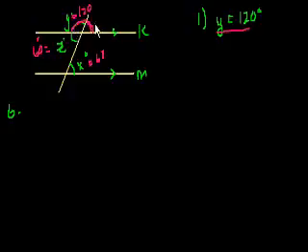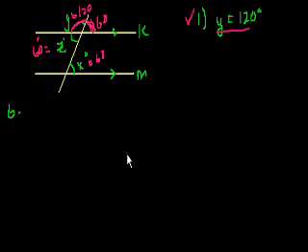So this angle would also be 60. And then you use what you learned in geometry class, that corresponding angles on a transversal intersecting two parallel lines are also equal. So you'd get to the same conclusion that x is equal to 60. So either way, statement number 1 alone is enough to figure out x.